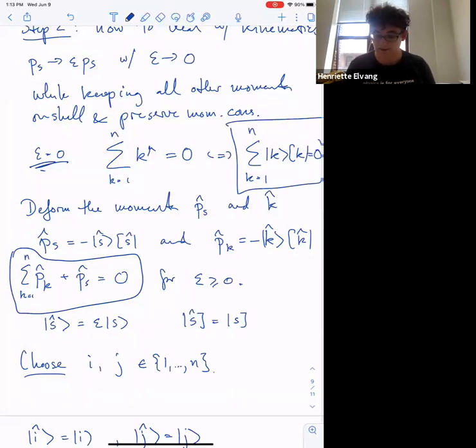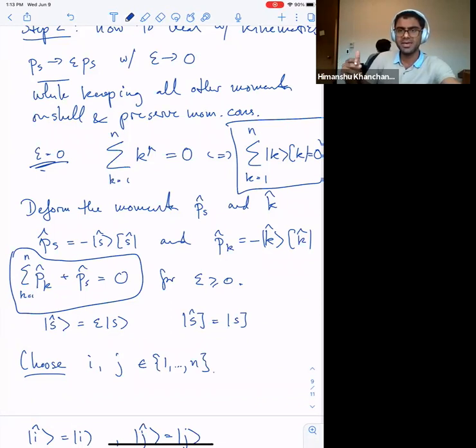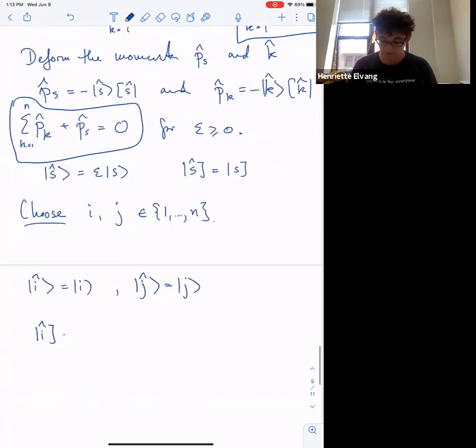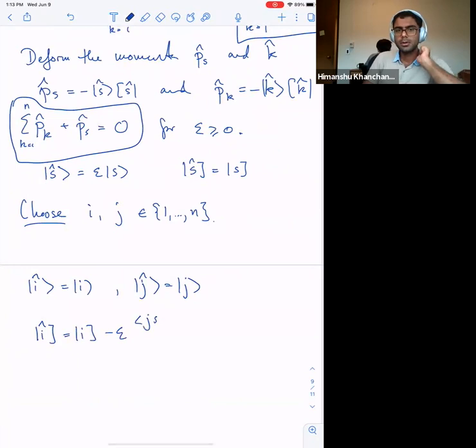So as soon as I take epsilon a little bit away from 0, I also have my P_S, and that will not satisfy momentum conservation along with the other ones. So therefore I deform them a little bit in order to achieve that. Like P_K, they will also depend on epsilon now. Exactly. I see. Okay. Thanks.